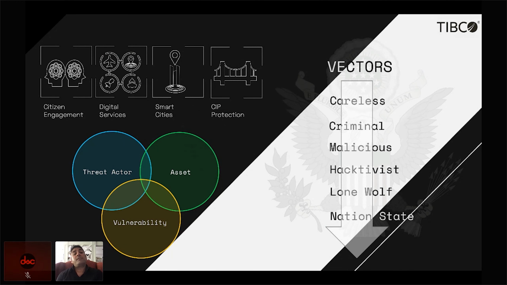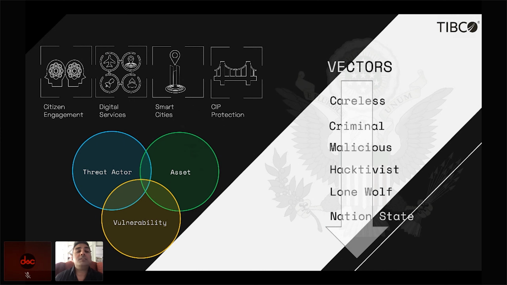Because of that, there are multiple modes and vectors for attack. Also, you have smart city initiatives, which take IoT and provide a lot of friendly facilities to the citizens, but also provide a lot of veins and vectors for cyber intrusion. And then finally, you have critical infrastructure protection as well.